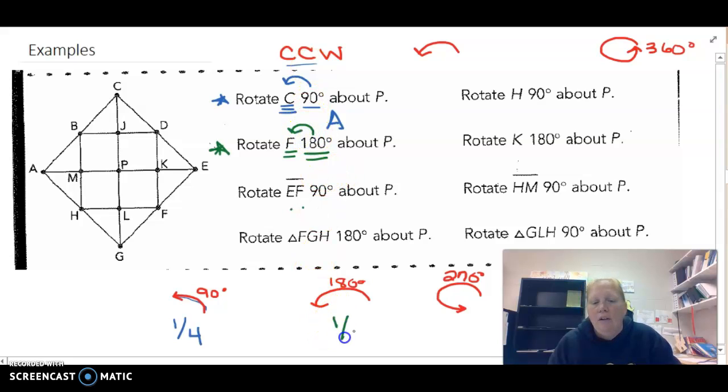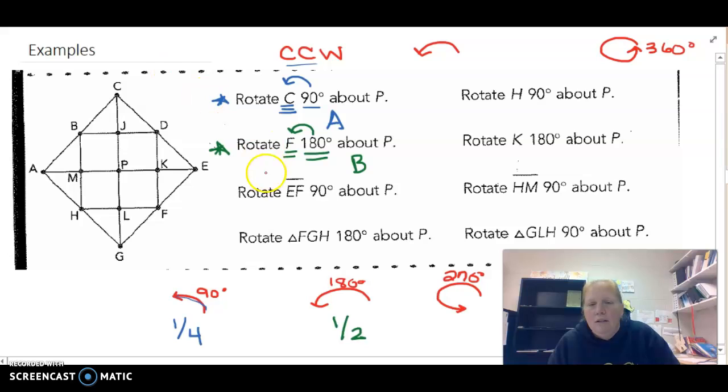Now 180 degrees is halfway around, so if I locate point F and go halfway around, I would end up right here at B. Sorry guys, I put B. There we go. All right, now let's get rid of that.